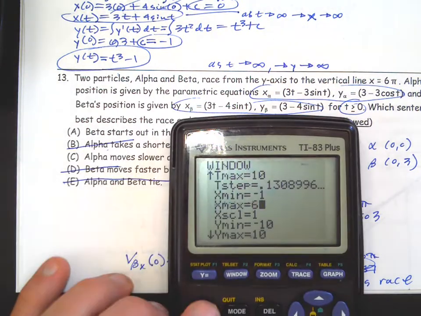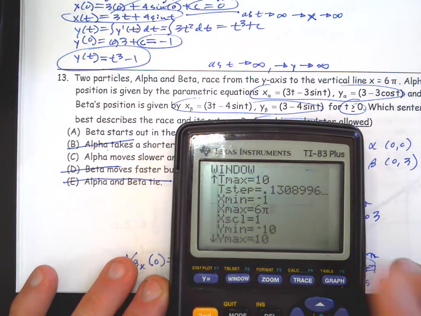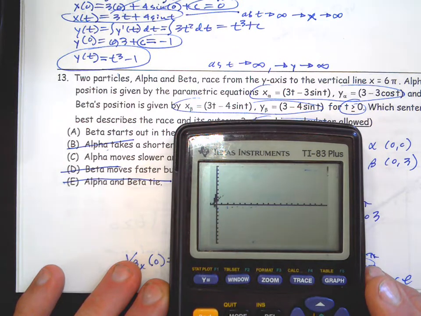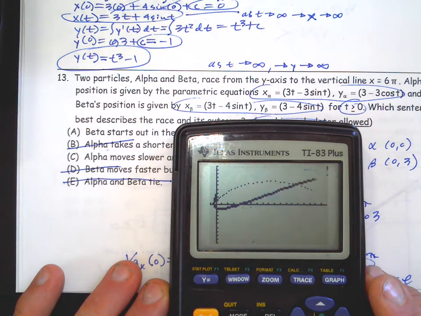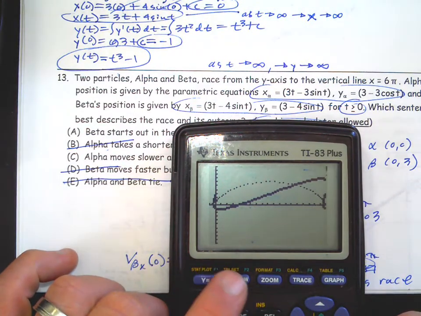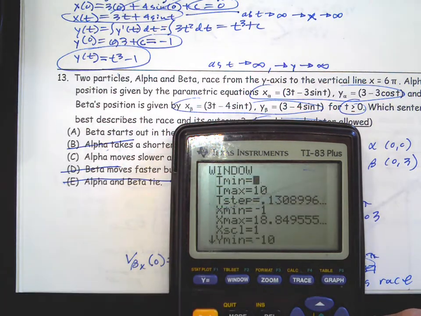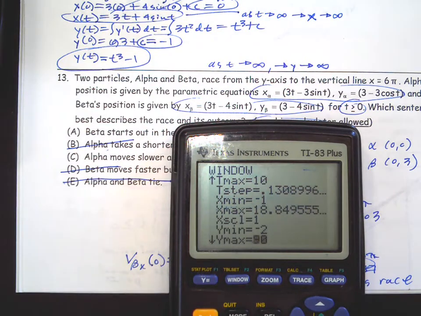So we put 6 pi as like the right boundary. We can kind of see what happens here. And it's hard to tell. Okay, let's make the window a little better. Maybe just in the y direction, negative 2 to 9.